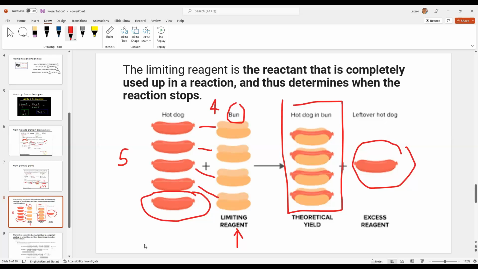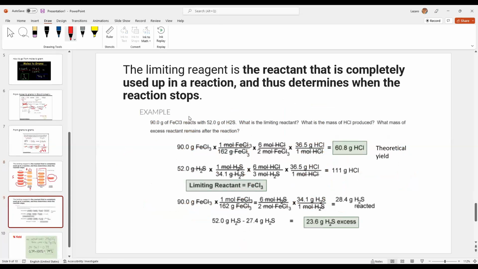Let's see this in a chemical reaction. For example, you begin from 90 grams of iron 3 chloride and 52 grams of hydrogen sulfide.